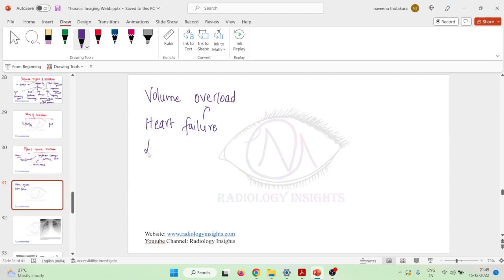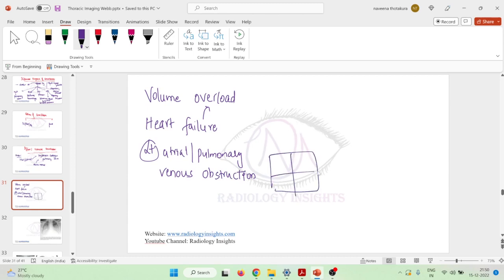There can be left atrial or pulmonary venous obstruction. In left atrial or pulmonary venous obstruction, the left atrium or pulmonary vein has been blocked, and because of this blockage, the blood... if this is the heart, this is the right atrium, this is the left atrium, this is the right ventricle, and this is the pulmonary vein.